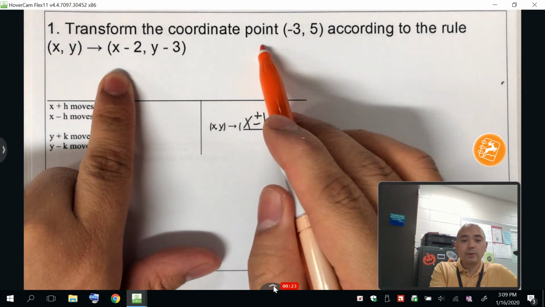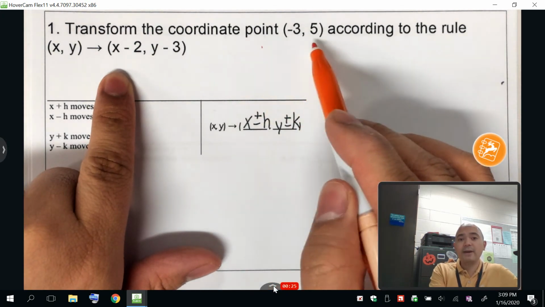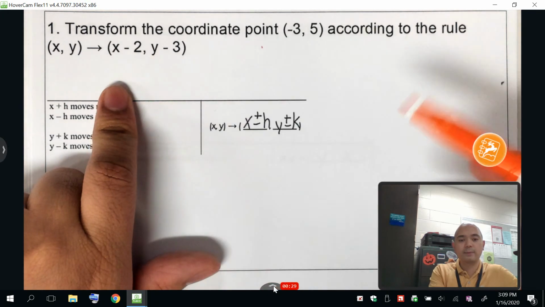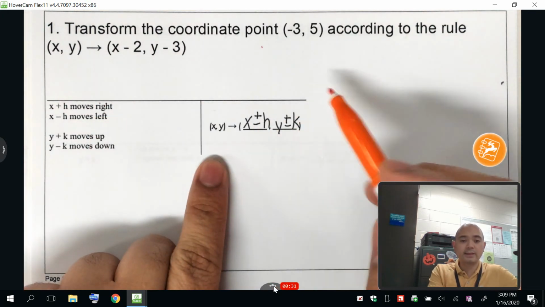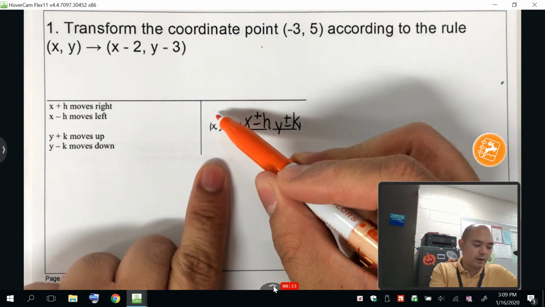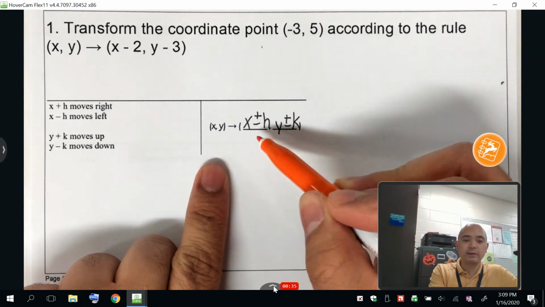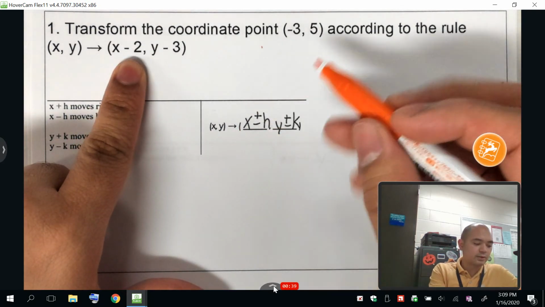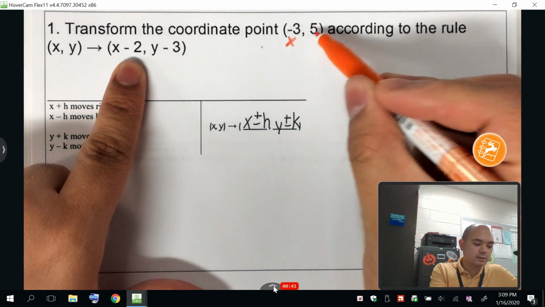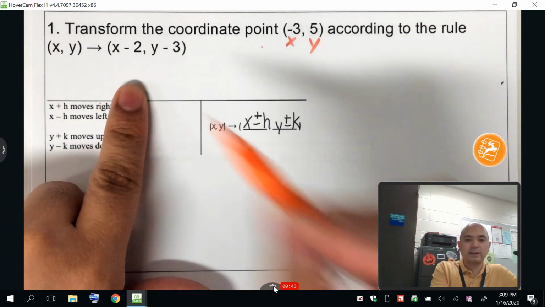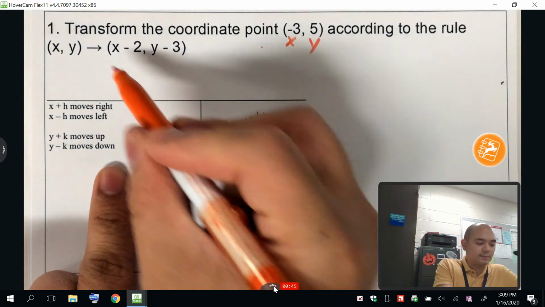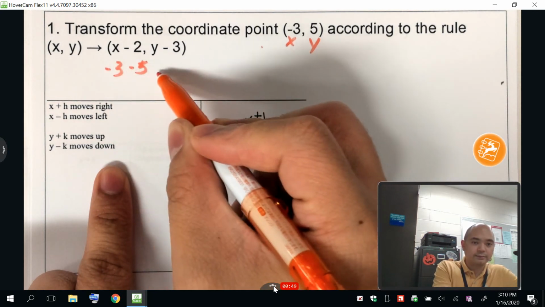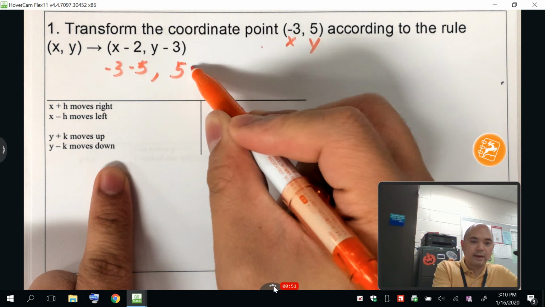Transform the coordinate point (-3, 5) according to the rule (x, y) transforms to (x minus 2, y plus 3). So that is this rule right here, where you take your x and your y values and you do that given rule. So you're going to take your x and your y and stick them in here, which means I end up getting a -3 minus 2 and a 5 plus 3.